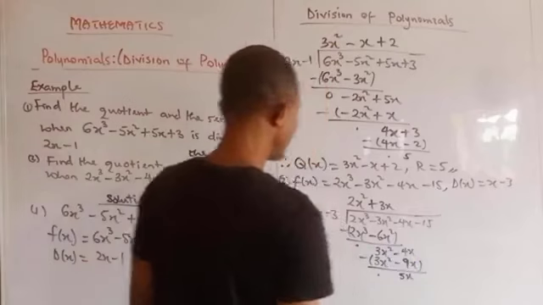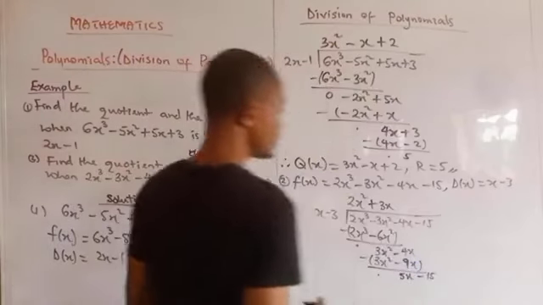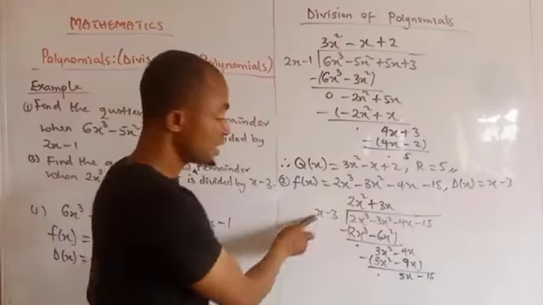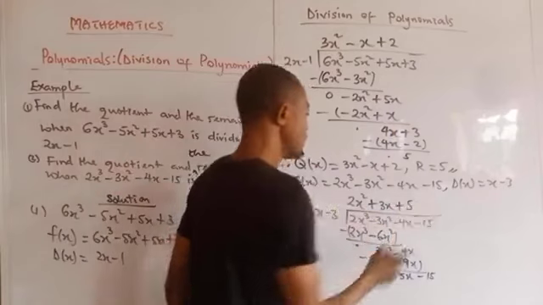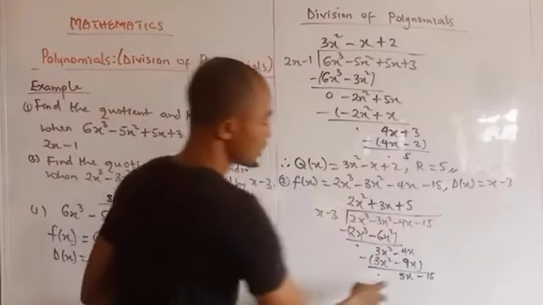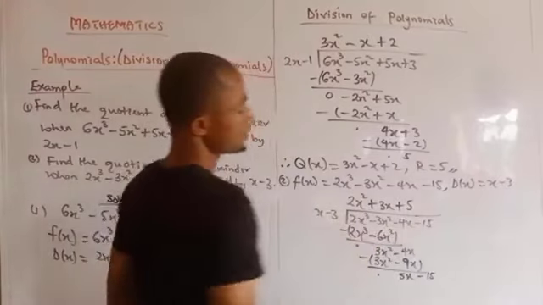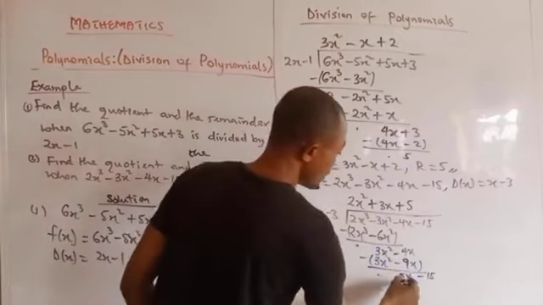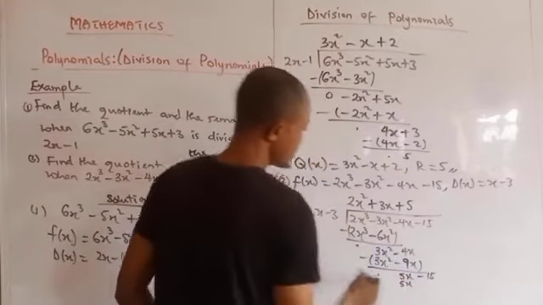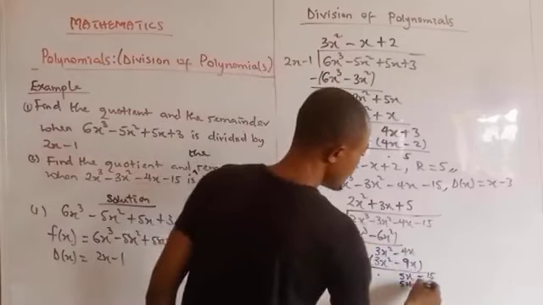Then we drag this negative 15 down. So again we say 5x divided by x will give us plus 5. Then plus 5 multiplied by x will give us 5x. Then 5 multiplied by negative 3 will give us negative 15.